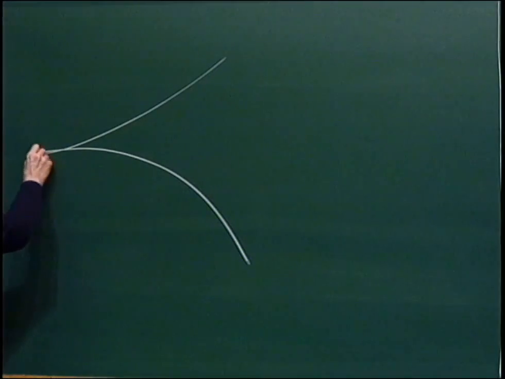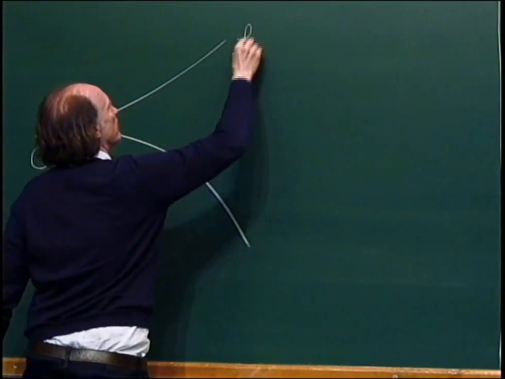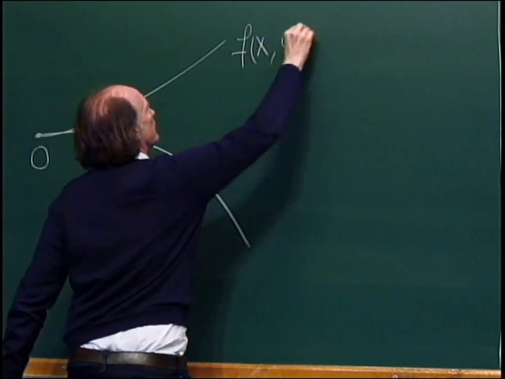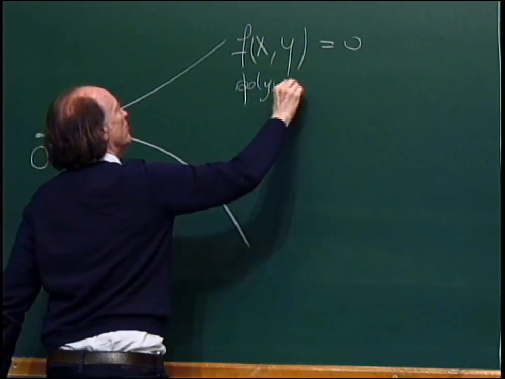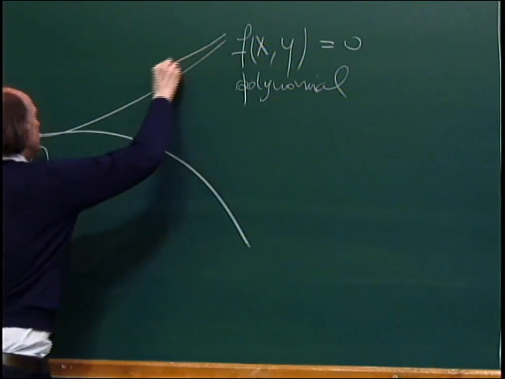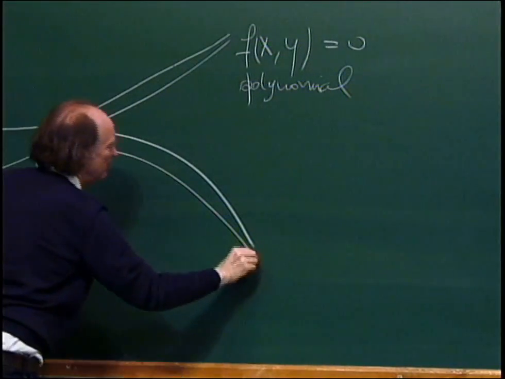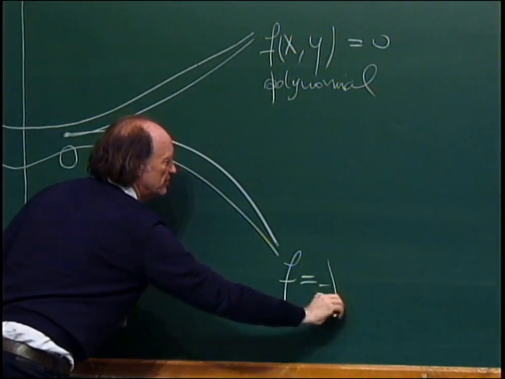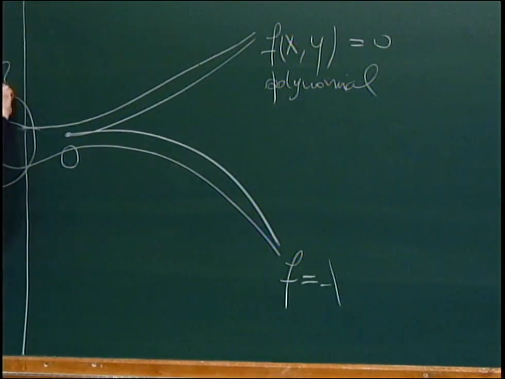So you have the origin, which is an isolated singular point, where f is a polynomial, and we look at levels for a small lambda, and the question is, okay, what's going on?